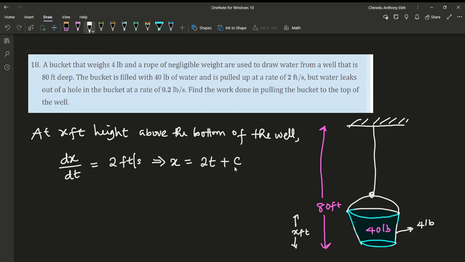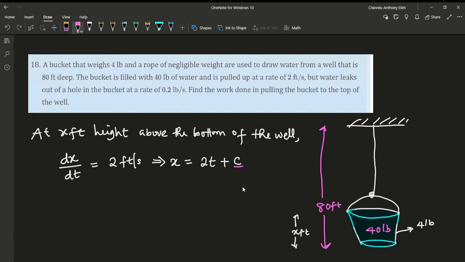But how can we find the constant C? We can think of it that at time equals 0, this bucket is at the bottom of the well.